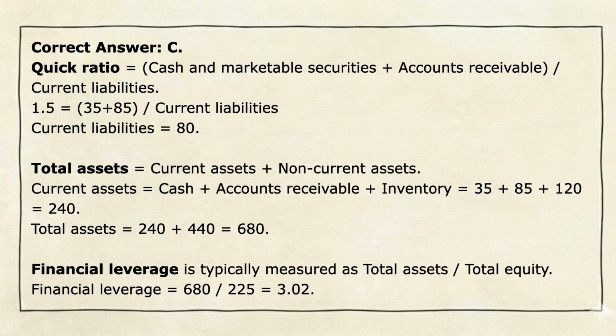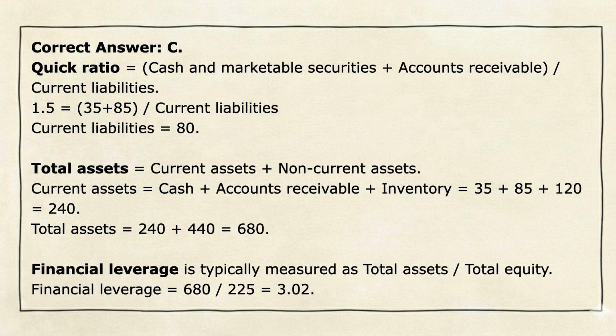Correct answer, C. To find the quick ratio, we add up cash and marketable securities and accounts receivable, then divide by current liabilities. 1.5 equals 35 plus 85 divided by current liabilities. So, current liabilities are 80. Next, we calculate total assets by adding current assets and non-current assets.